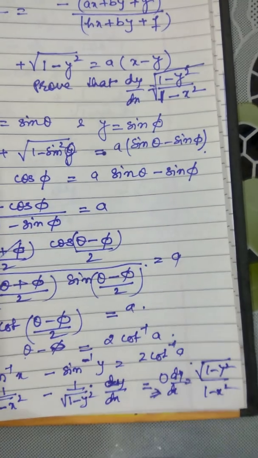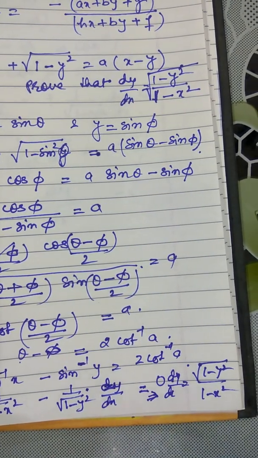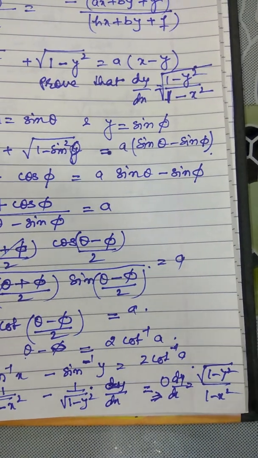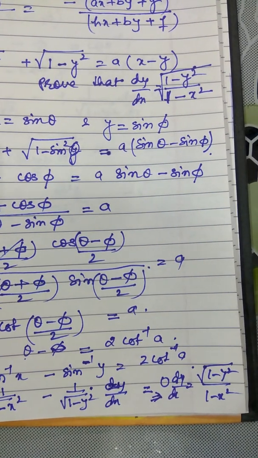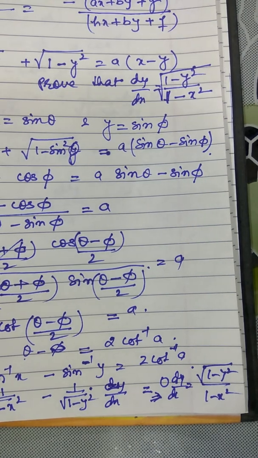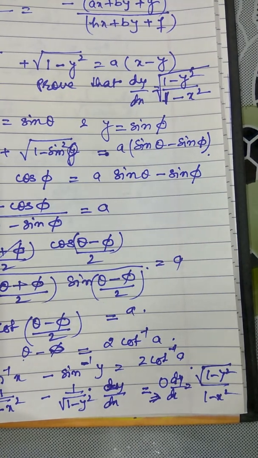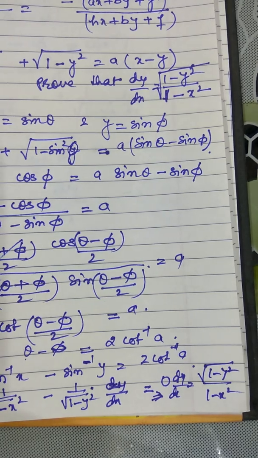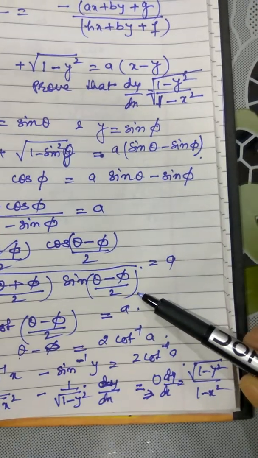What is cos C + cos D? Cos C + cos D is 2 cos((C + D)/2) cos((C − D)/2). And sin C − sin D is 2 cos((C + D)/2) sin((C − D)/2). So we applied that.